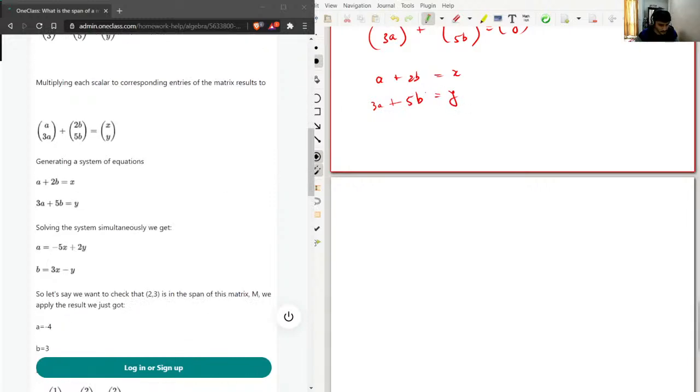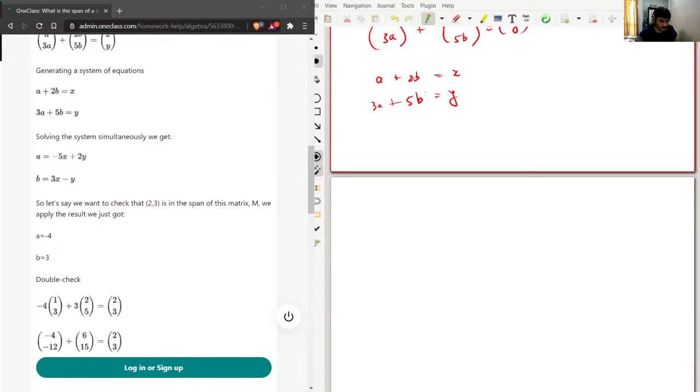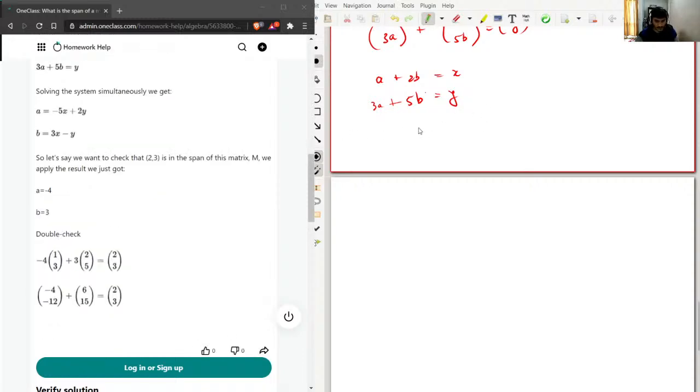Now let's see what they are doing here. They are solving this equation for a and b. They have solved this simultaneous equation, and what they have done is, if I multiply by 3, this will become 6.